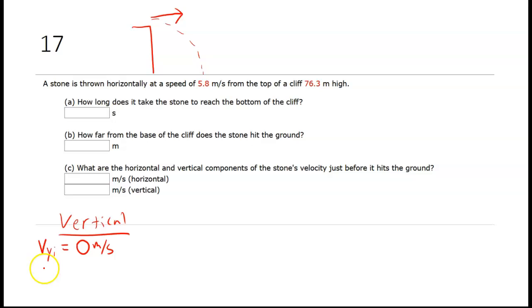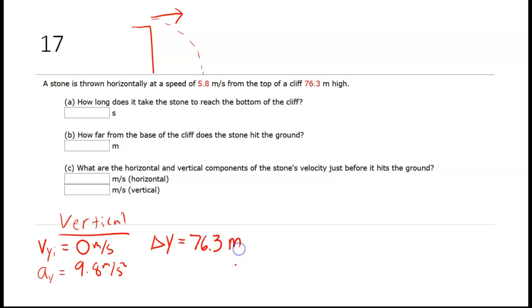I also will always have the vertical acceleration is equal to 9.8 meters per second squared. And we also have my vertical displacement, delta y. In this case, I know that my displacement and my acceleration are in the same direction, so I'm just going to choose down to be my positive direction.